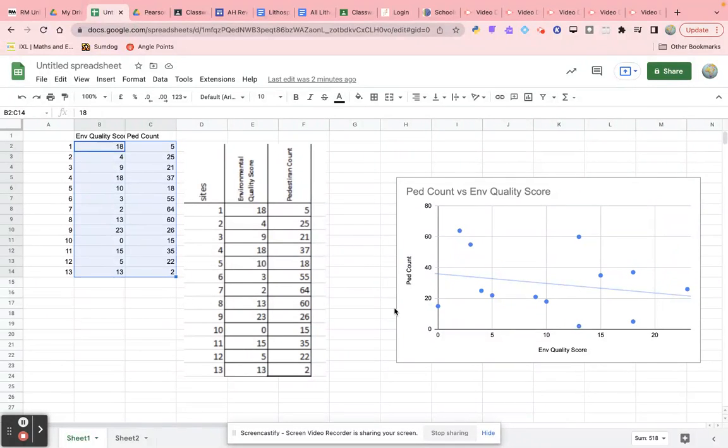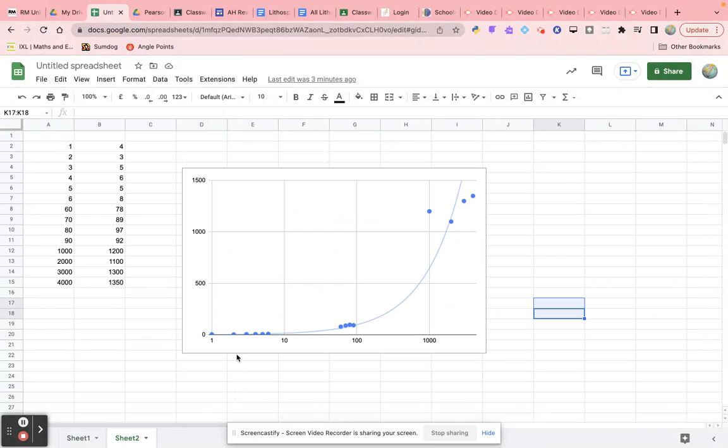Just to give you a better idea of what that means, this is a scatter graph once again, but it has a non-linear relationship, as we can see from this line of best fit. We have a number of very small values and a number of very high values, so it's not evenly distributed.